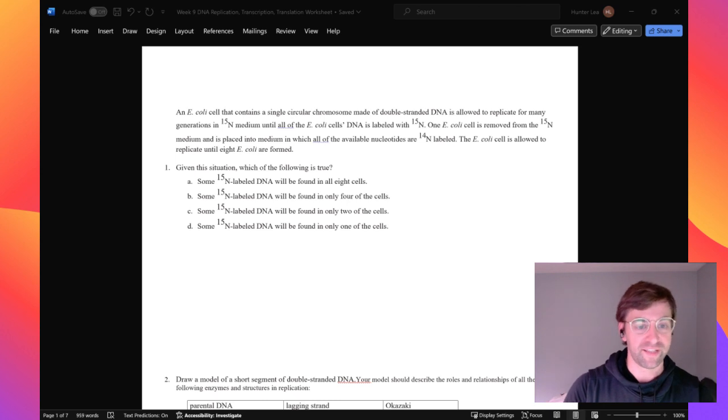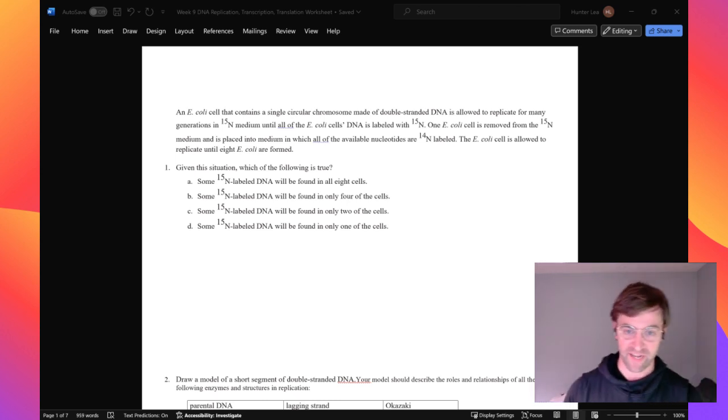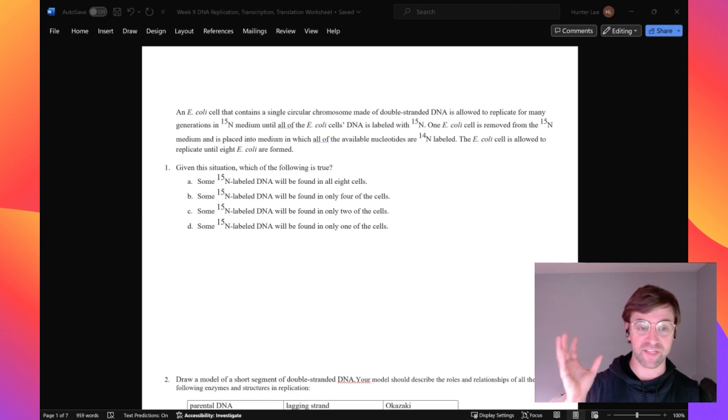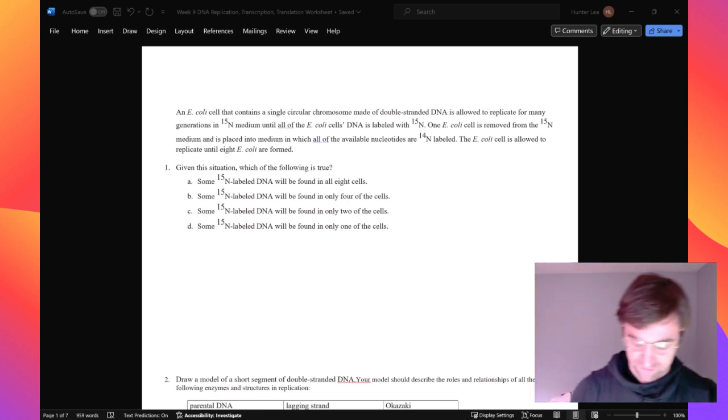An E. coli cell that contains a single circular chromosome made of double-stranded DNA is allowed to replicate for many generations in nitrogen-15. This is a heavier isotope than is usually found. That is an important detail that you need to remember, in fact.